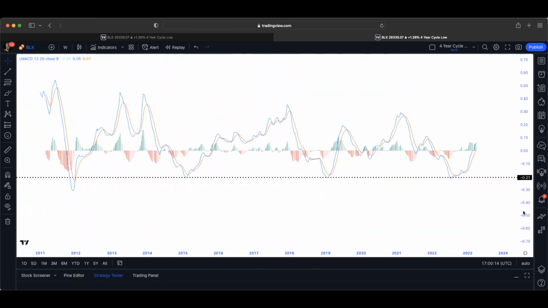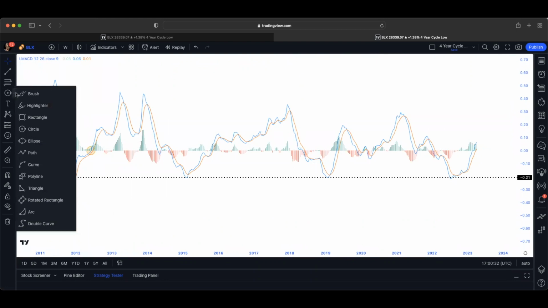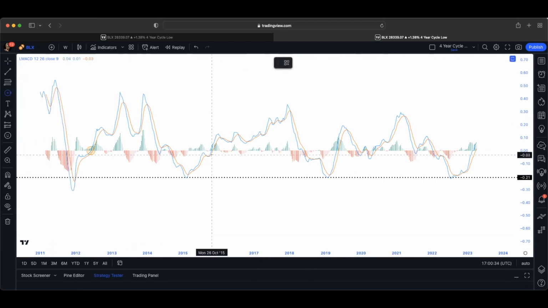So back in 2012, you could see here the MACD line crossed and the signal line crossed, and then that led to significant upside. Again, back in 2015, this was the second confirmational signal of the bullish cross.